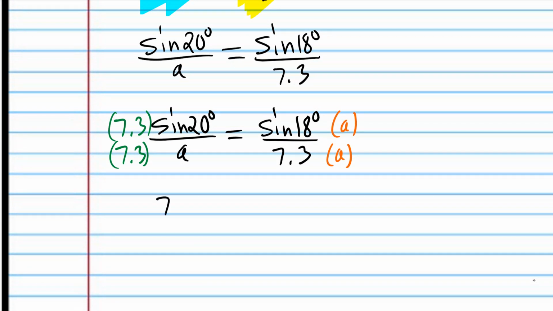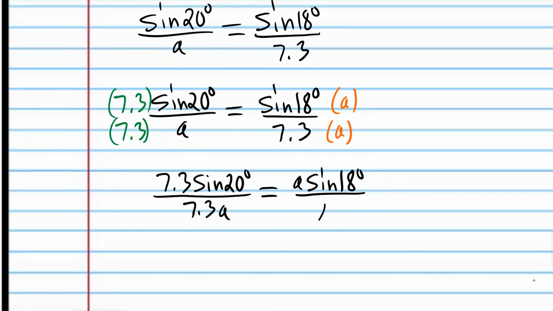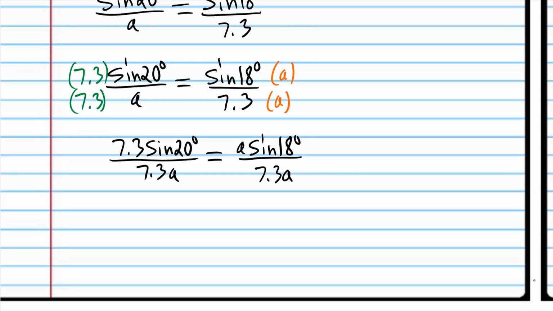So we get 7.3 sine 20 degrees over 7.3a is equal to a sine 18 degrees over 7.3a. So notice that we now have a common denominator.